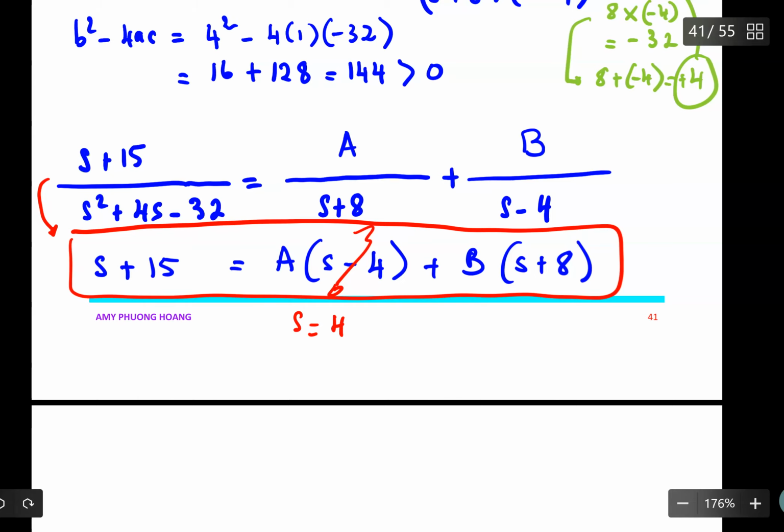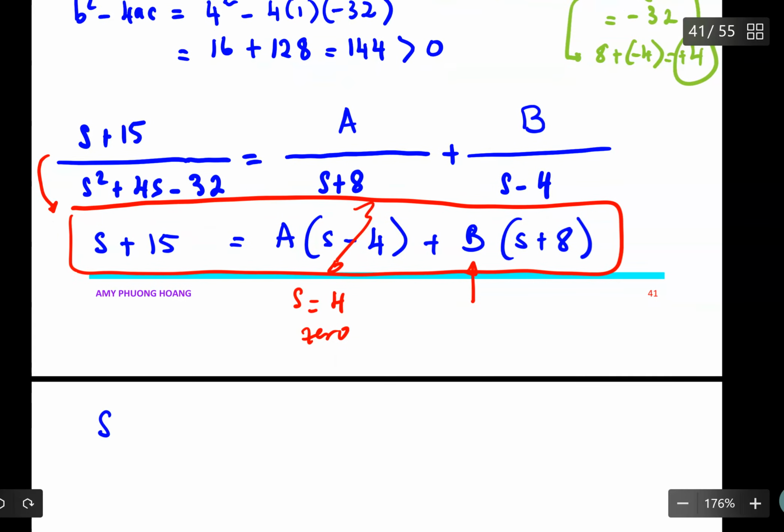So why do I do that? If I choose s equal to 4, I can eliminate this term. So this becomes 0. Then I can solve for B. Okay, so let's write it down. s plus 15 equal to 0 plus B multiplied by s plus 8.